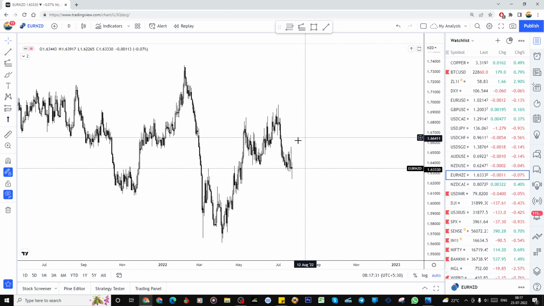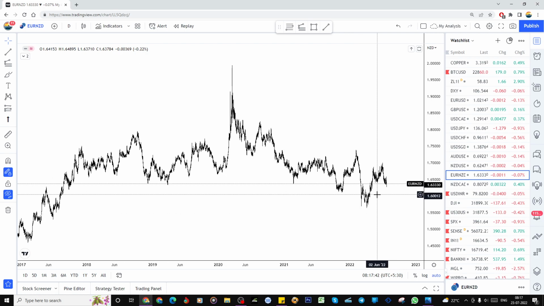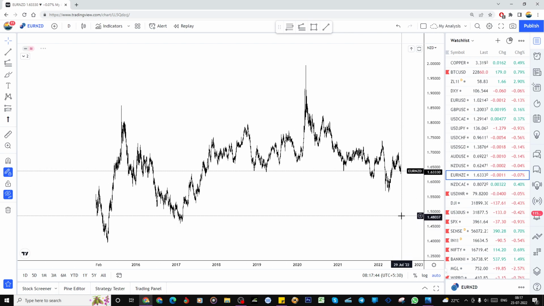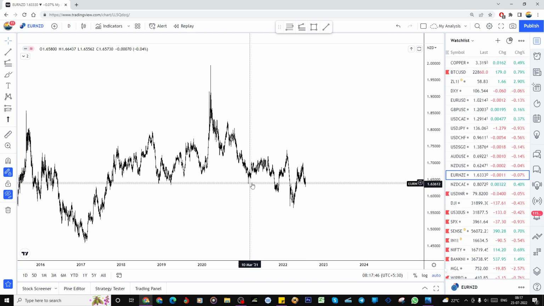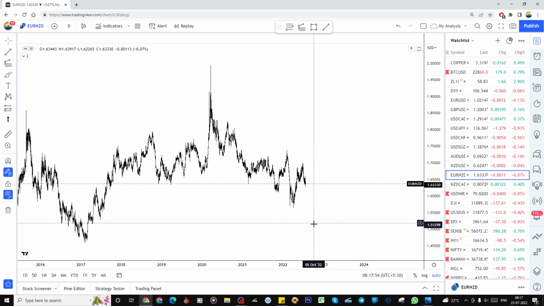But until it breaks this high, we need to be on the sell side, because this is wave 1 and this could also be wave 2, and we are in the bigger trend to reach 1.5 maybe. So it's a WXY, so this could be the B also, so C will be aggressive to the downside also.